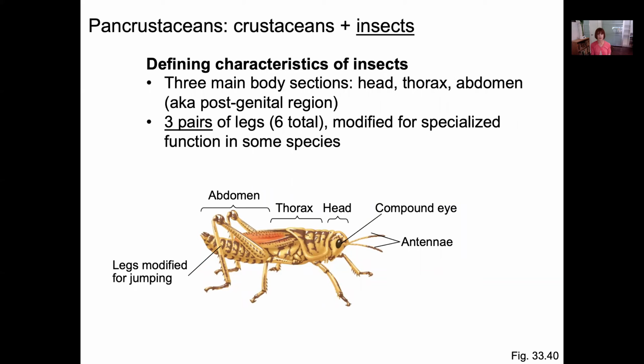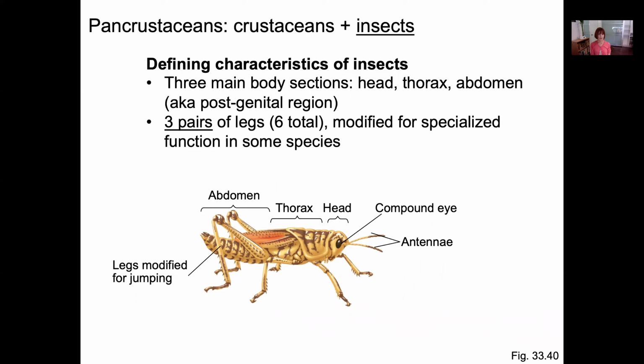As I showed you in that pie, the insects are incredibly diverse, and we're going to massively shortchange them given their diversity, but I'm going to tell you the main features that you should know. So here we go. They have 3 main body sections: the head, thorax, and abdomen. This is illustrated on a grasshopper here.